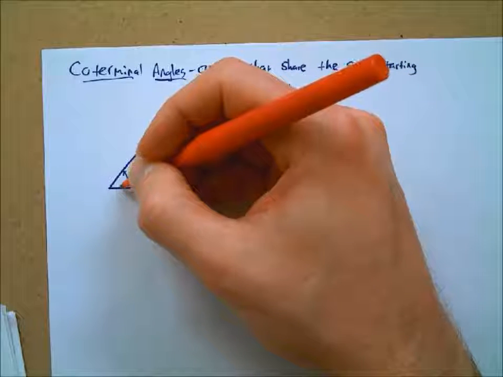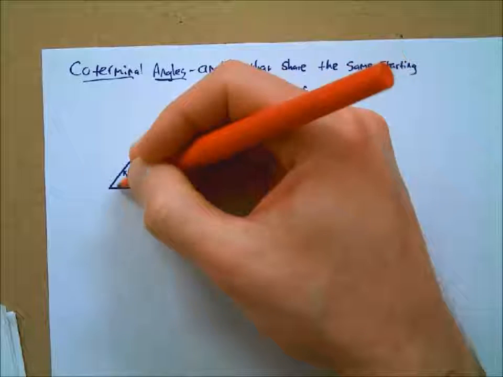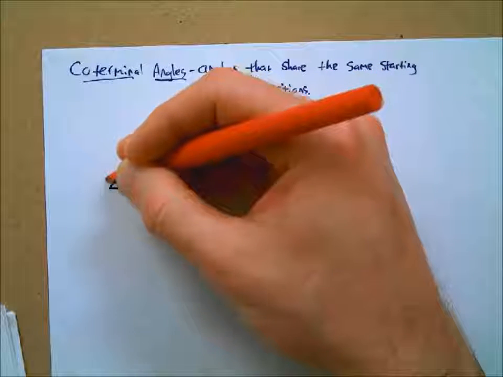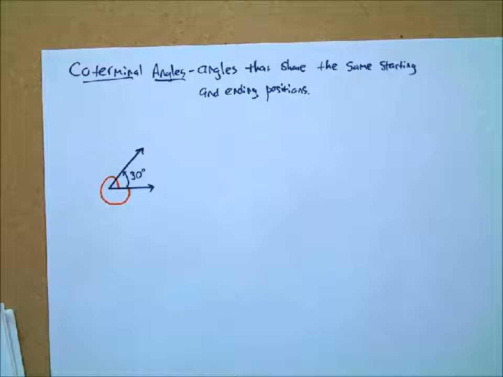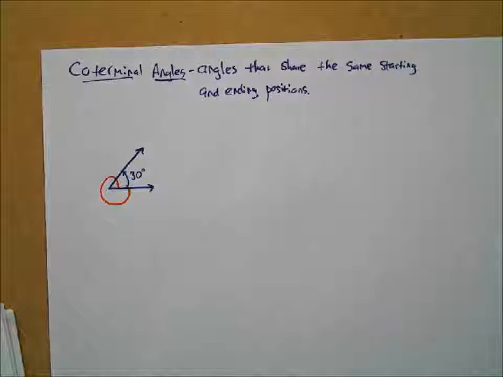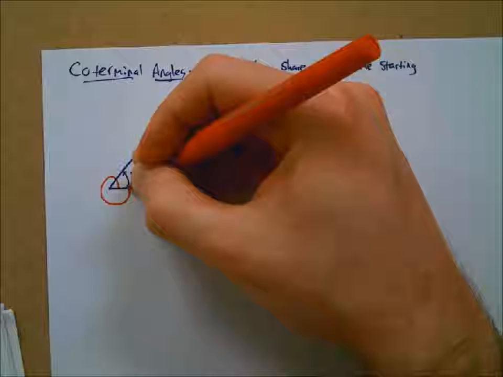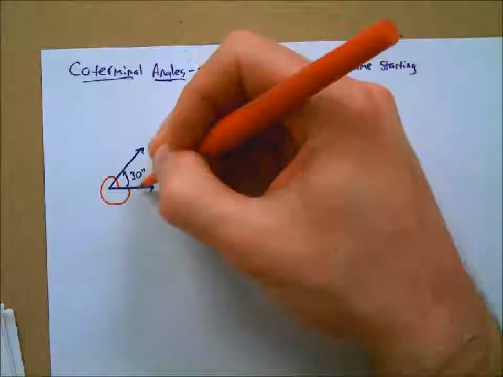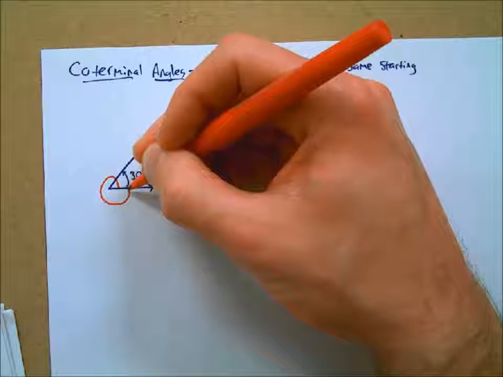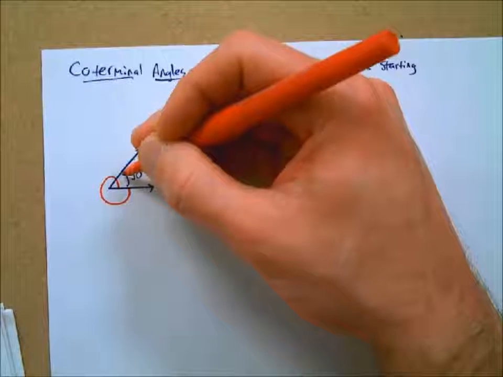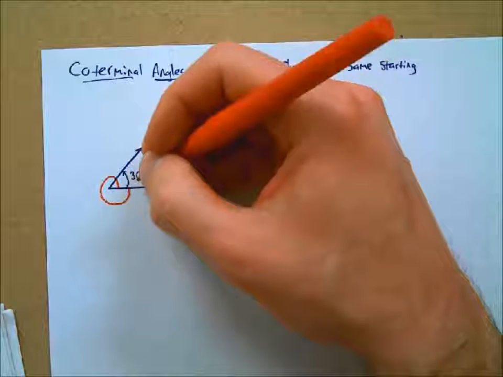If I start here at this starting side and we rotate one full rotation, how many degrees is that? 360, right? And then to end in the same position, we start in the same spot, we rotate 360, and if we then end in the same position as the other angle, we're going to end up with that angle being 390.